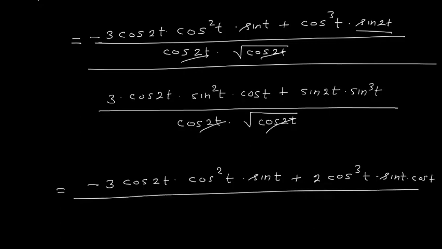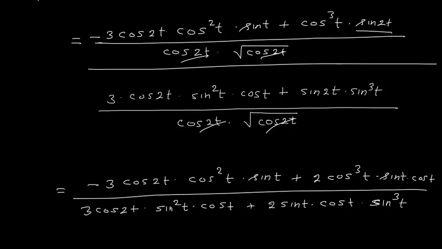This whole divided by 3 times cos 2t into sin square t into cos t, plus sin 2t, which we write as 2 sin t into cos t, into sin cube t.